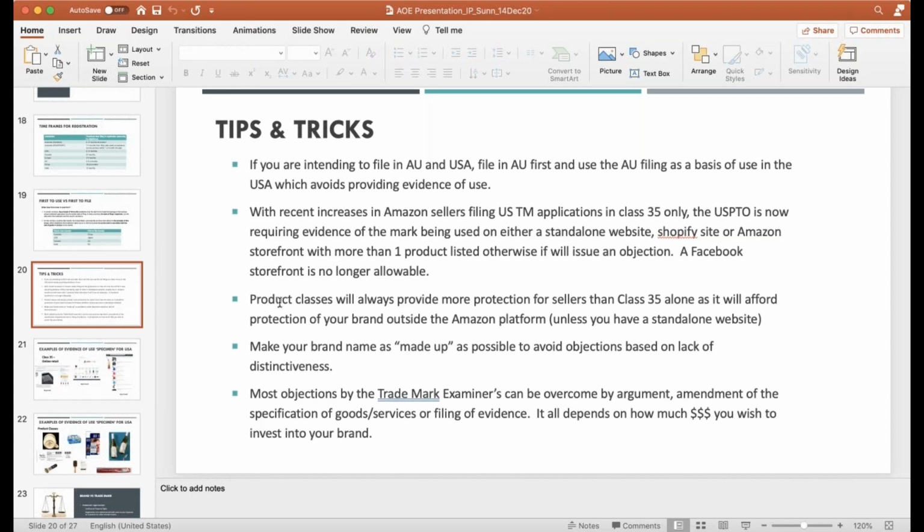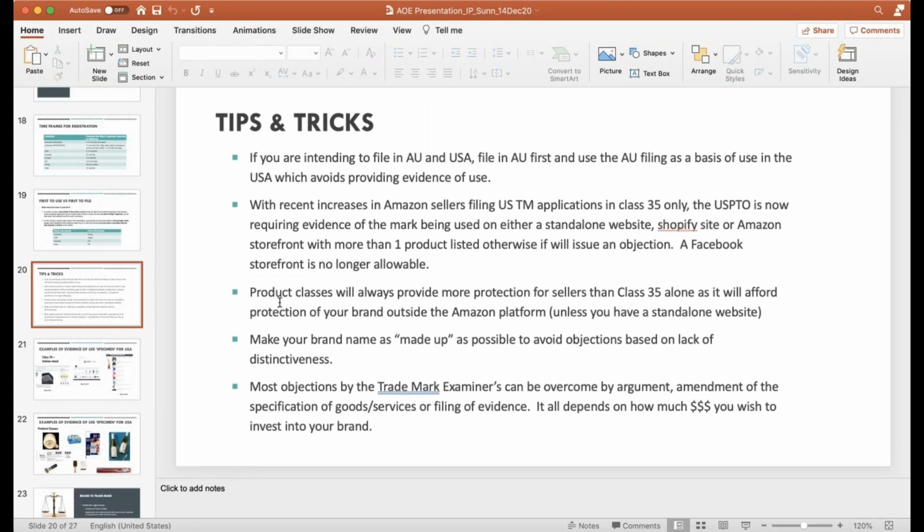Make your brand names as made up or as unique as possible, because that avoids the lack of distinctiveness and potential objections. The majority of objections can be addressed by argument unless you have a super descriptive or generic name. It's pretty hard to address those because if you've got Jim's Outdoor Goods and you're selling outdoor goods, then you're never going to get that up because it's just describing what you're selling.